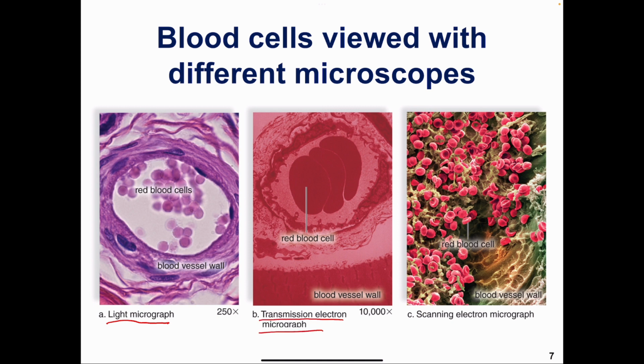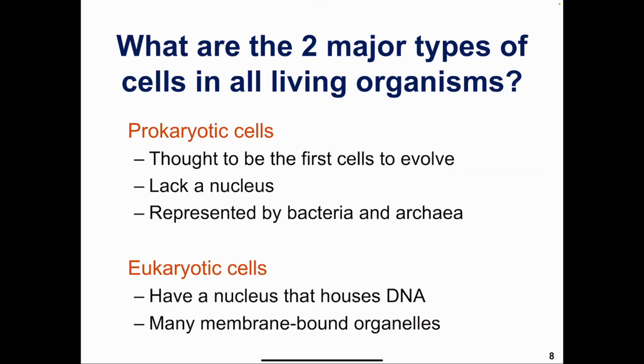Where we see a blood vessel with red blood cells, and we have much more detail compared to the light compound microscope. And in the third photograph, taken with the scanning electron microscope, we have red blood cells. Actually, we can see fine details on the surface of red blood cells.